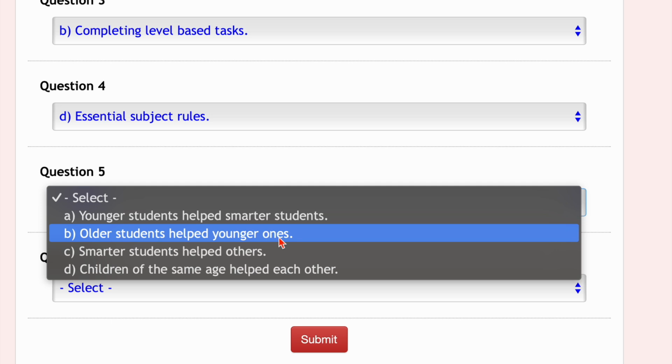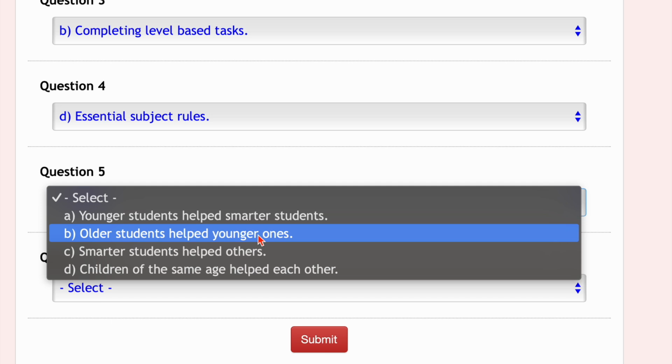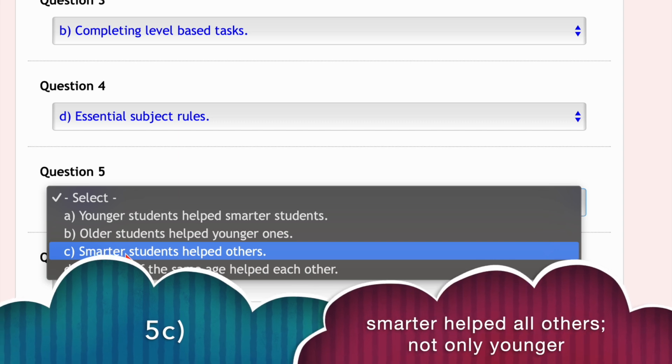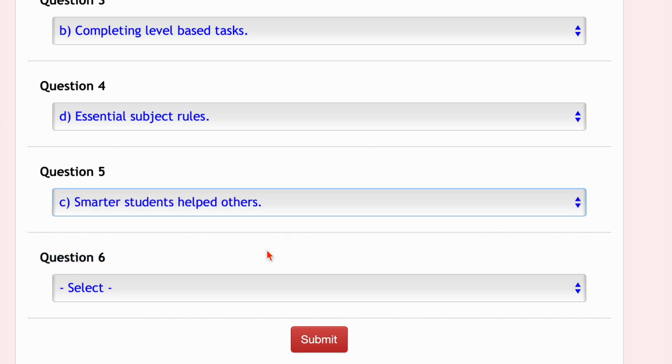So it says that the older or faster students helped others. So this means that maybe a smarter student helped someone that was their same age. So the answer should be C, because it's true that the older students helped the younger ones, but they also helped students that were slower. Okay, so it should be C. Smarter students helped others.